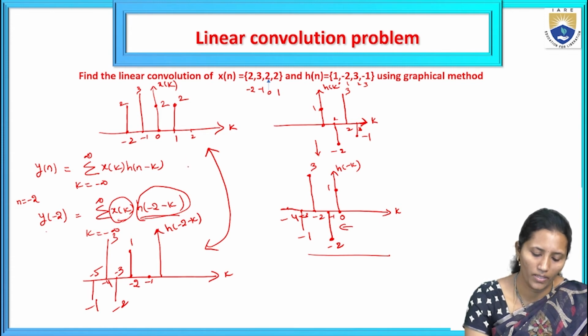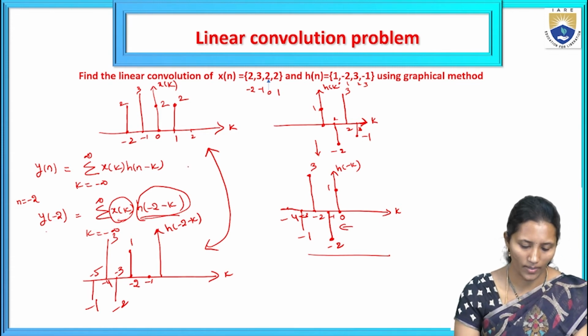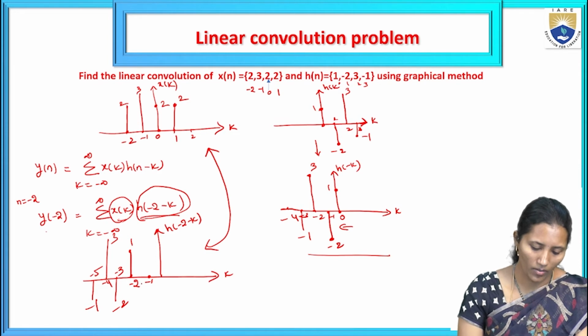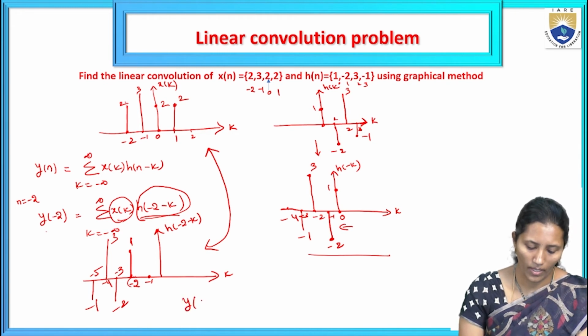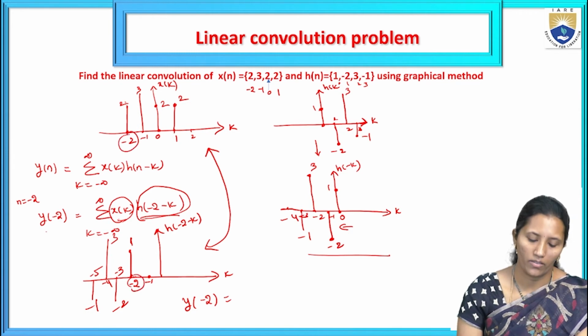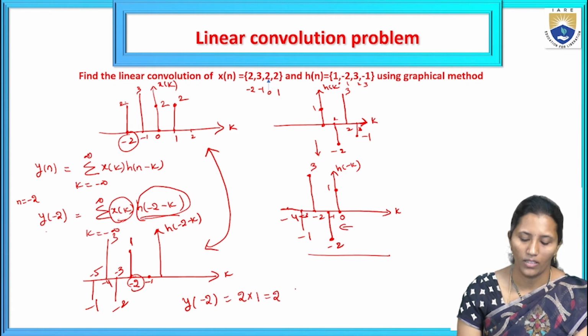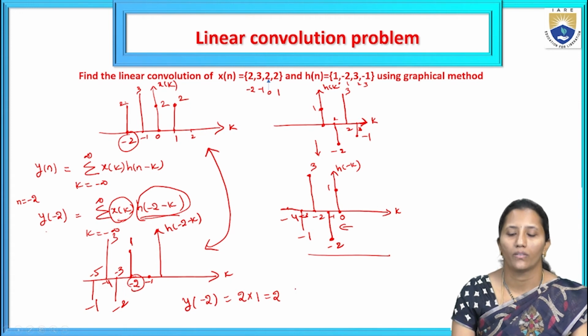The common point for both sequences is at n is equal to minus 2, where we have 1 and 2. For minus 1 we have 0 for h of k, and other samples for x of k are 0. So the common value we get is only at n is equal to minus 2, and the amplitudes will be multiplied. So for y of minus 2 we are going to get 2.